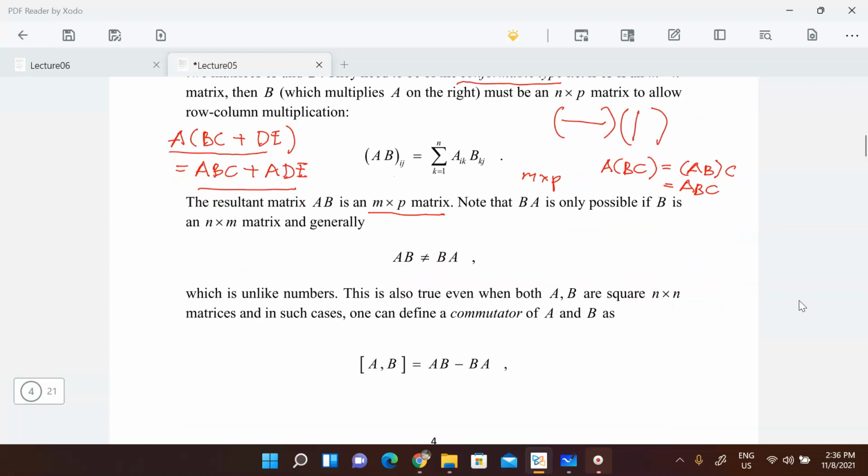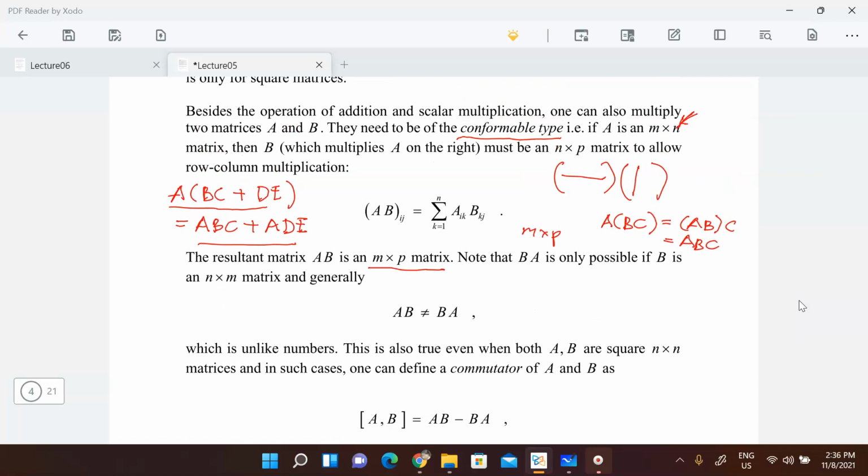Once you have done that, for example, in the case of, let's say, AB is an M by P matrix, which is the result of M by N times N by P. So you get an M by P matrix, but you can also do the reverse multiplication, B times A. So that will be what?